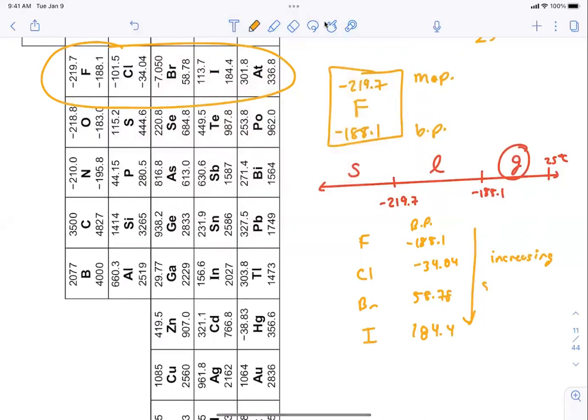And this would mean stronger LDFs due to mass. This is for all nonmetals, but it's best expressed in the halogens. You can see it the most clearly in halogens because you see some gases, some liquids, and some solids here too. So it shows you all the phases.